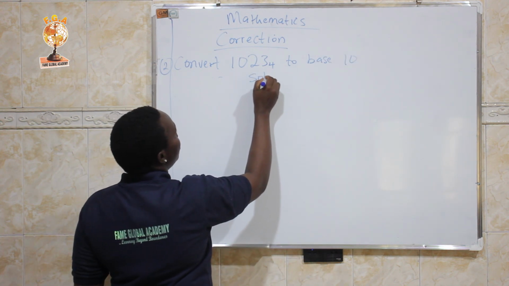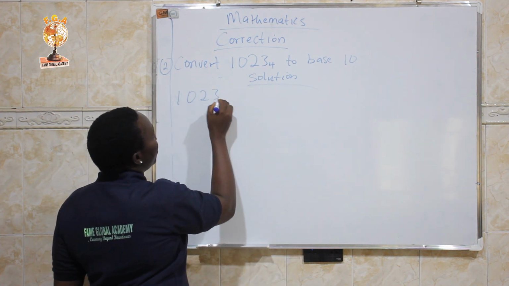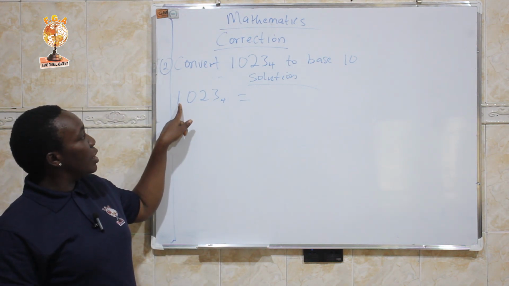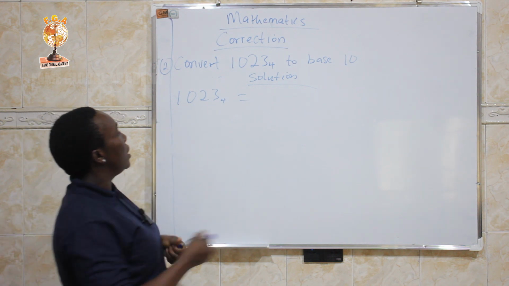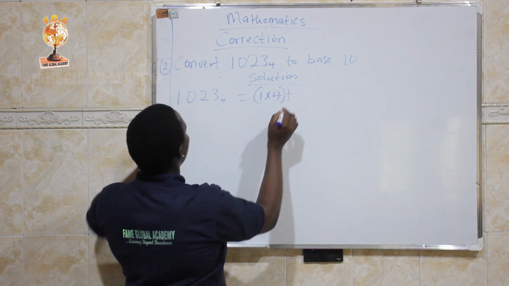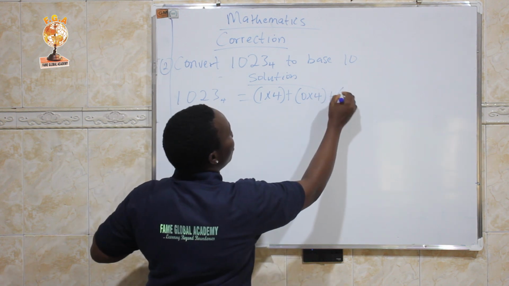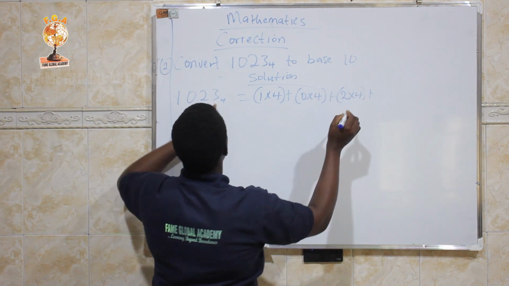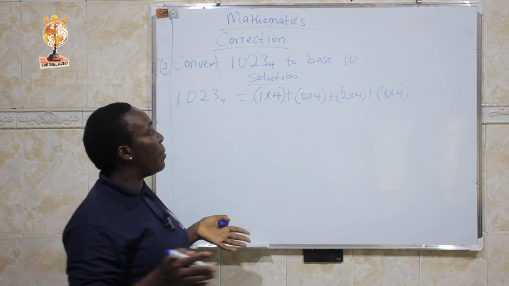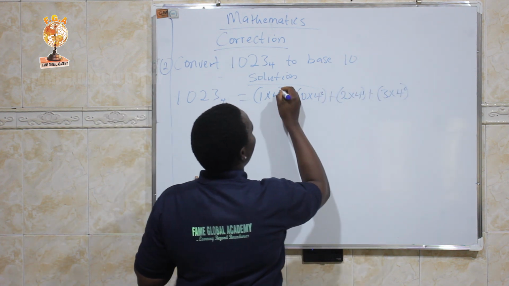The solution: 1023 base 4 is equal to, just like what we've been doing, we multiply the numbers one after the other with the base. So we have 1 times 4, plus 0 times 4, plus 2 times 4, plus the last 3 times 4. The next thing is to put our powers of the base starting from 0, 1, 2, and 3.